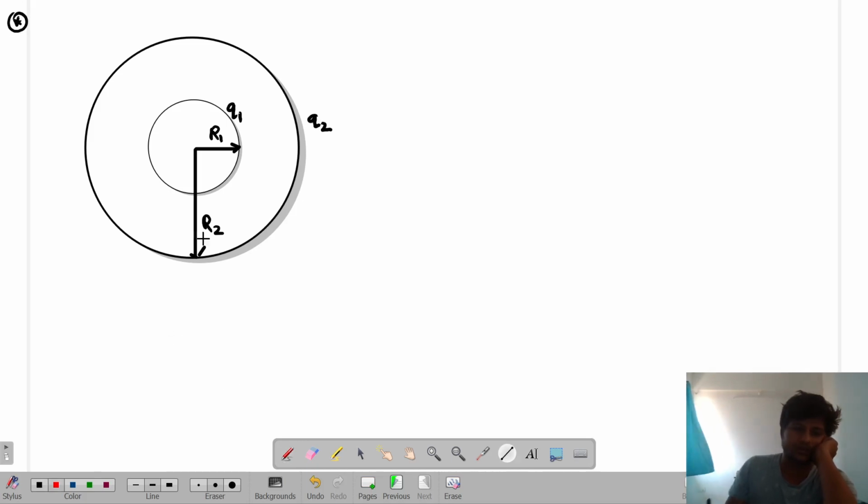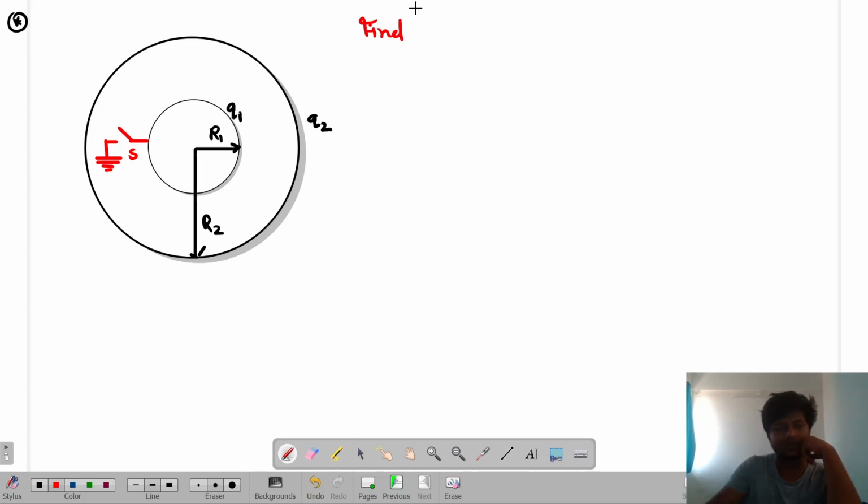The point is, now the inner sphere is being made grounded. Then find the charges on the sphere when the switch is closed.